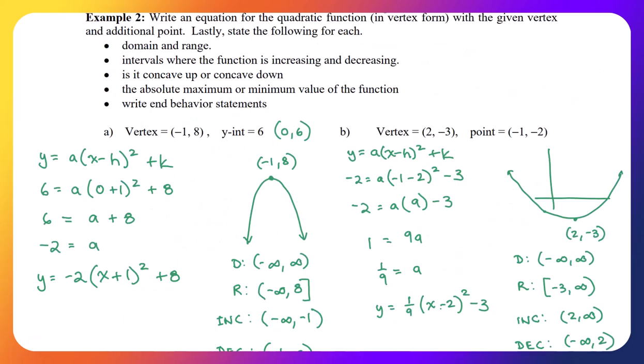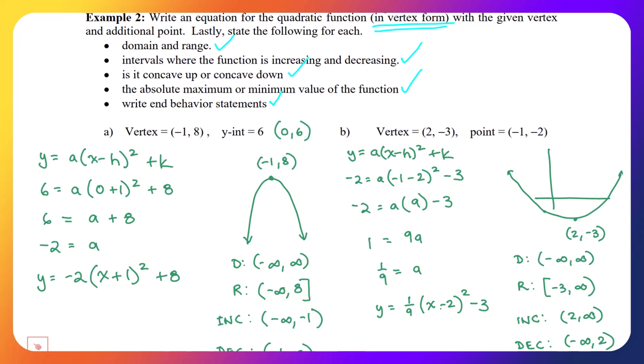Okay, for example 2, they want us to write the equation in vertex form first, and then give the domain and range, when it's increasing and decreasing, concave up or concave down, absolute minimum or maximum value, and we write end behavior statements.